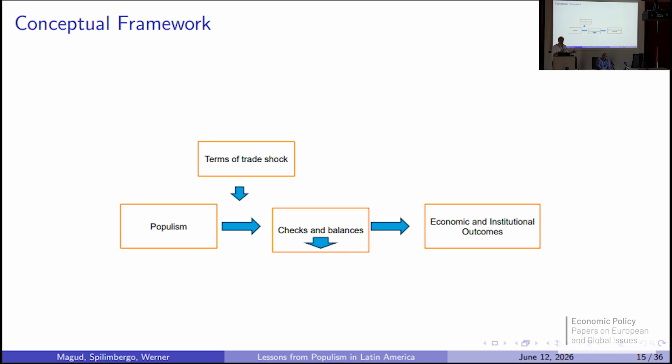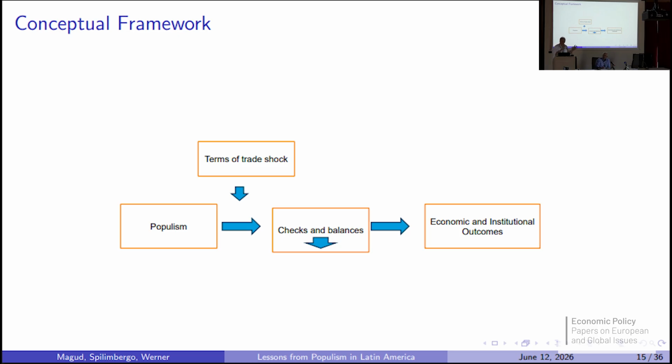Now, part of checks and balances are useful to enforce a budget constraint. If you disable them, you hit a budget constraint sooner, then a debt crisis and so on. However, if you have manna from the sky, if you have favorable terms-of-trade shocks, you can last longer and disable them even more.